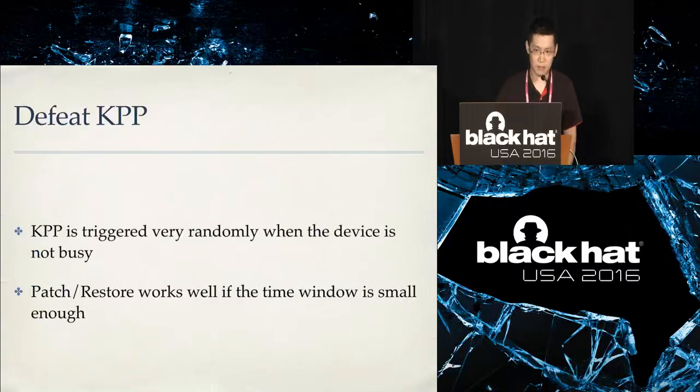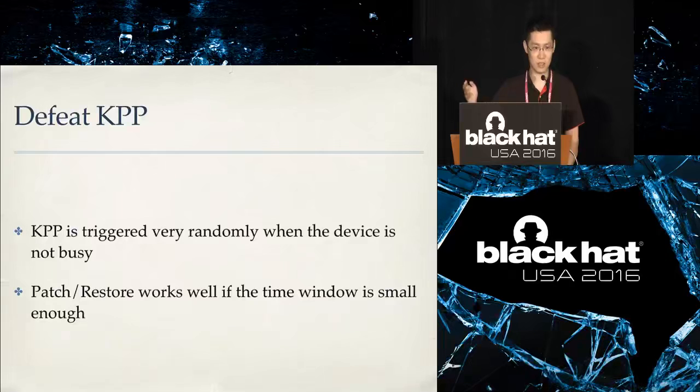Okay, so we will talk about another way that we defeat KPP. KPP is used to prevent kernel patching, if you want to make the patch persist. Through our observation, the trigger of KPP is very random, but it's usually triggered when the device is not busy, and it takes from seconds to minutes.